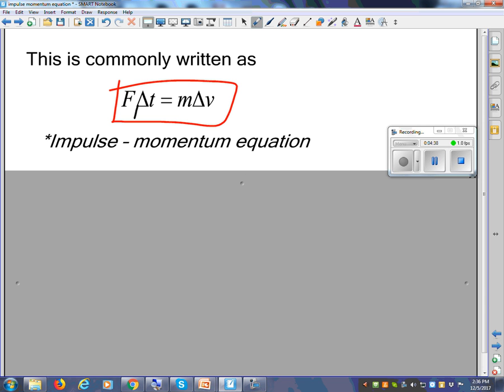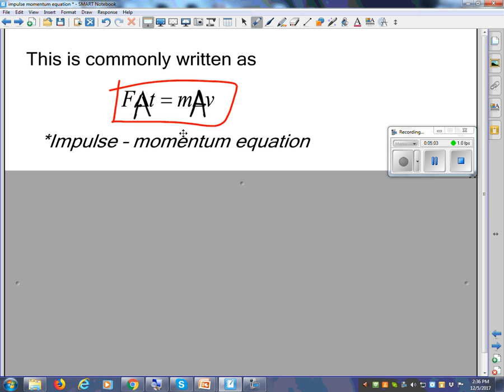See how it's kind of like an A? Fat equals mAv. I call it the fat mAv equation, which is way easier to say than the impulse momentum equation.